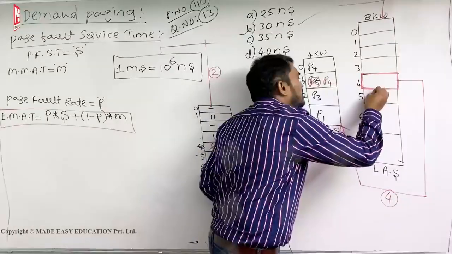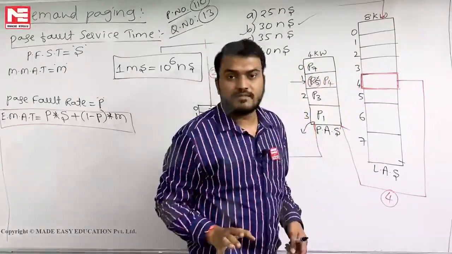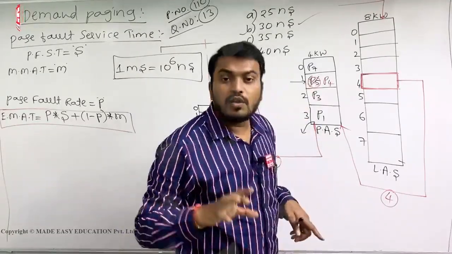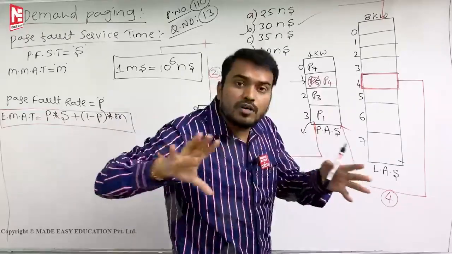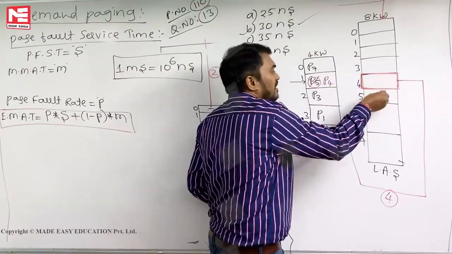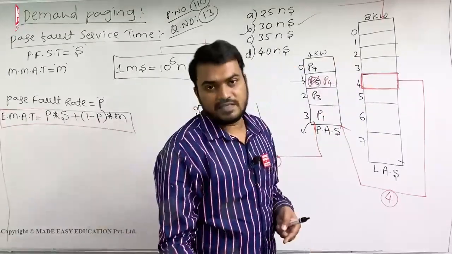You simply bring page number 4 from here and directly replace it here. I am repeating, the old page that was here, page number 5, if that is not a modified page, you simply bring page number 4 and replace it here. That is a not modified page.